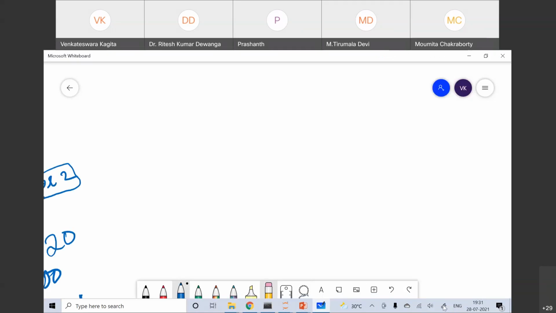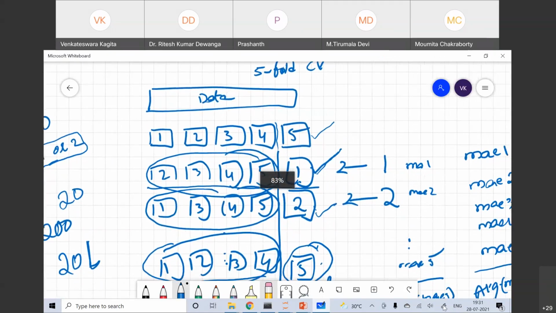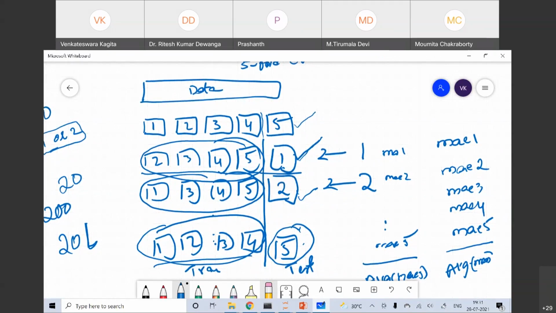Usually at the time of testing, we randomly divide the data into training and testing, right? We train our model on the training data and test with respect to the test data. But because we randomly select training and testing, maybe your model is biased to a particular division.